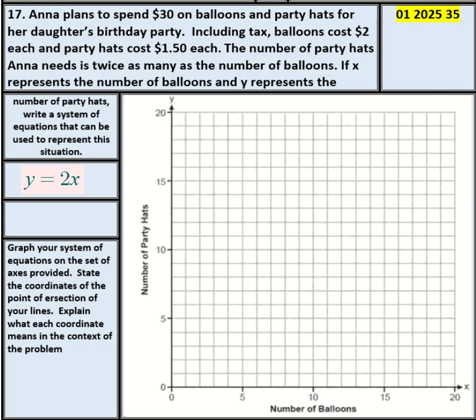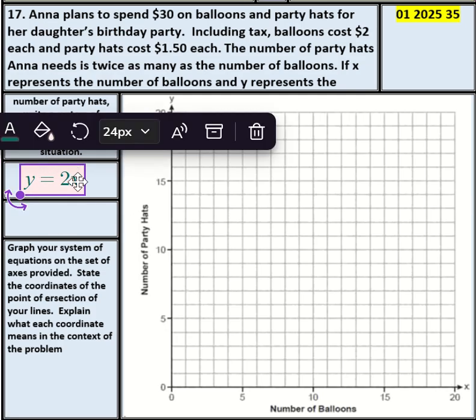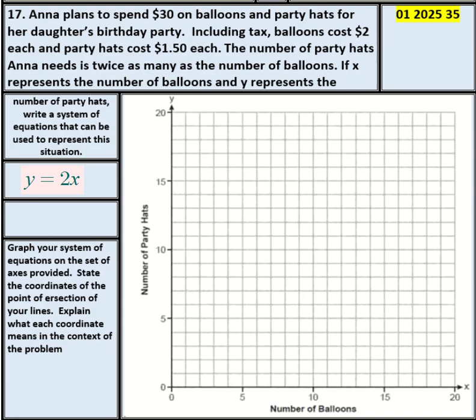So when I think about that equation, I'm going to graph that on my graph now. So for every y, I multiply x by 2. So when x is 0, y is also 0. So since my slope is 2, I go up 2, right 1 to get to the next point.